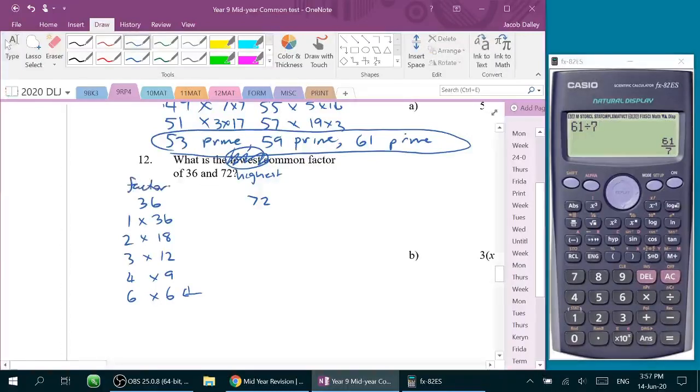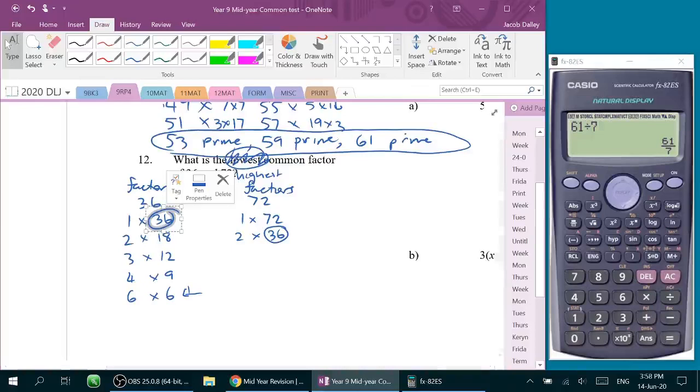Factors of 36, factors of 72, we have 1 times 72, 2 times 36. Well, I think we've got it right there. 36 is the highest number that both 36 and 72 will divide into.